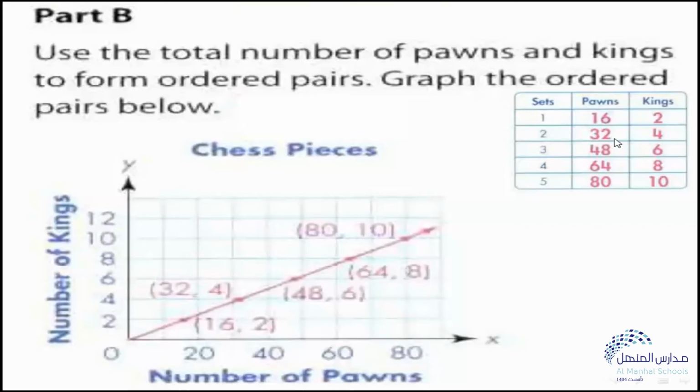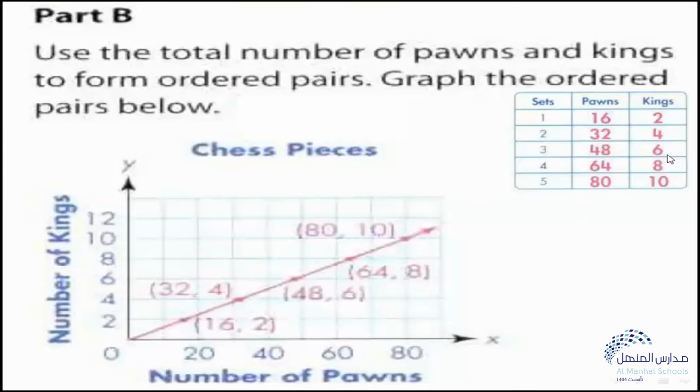This is considered an ordered pair now. So 32 lies between 20 and 40, it will be 30 and 2 more, counting 2 lines. Then go up to number 4. The intersection point here is the ordered pair (32, 4).